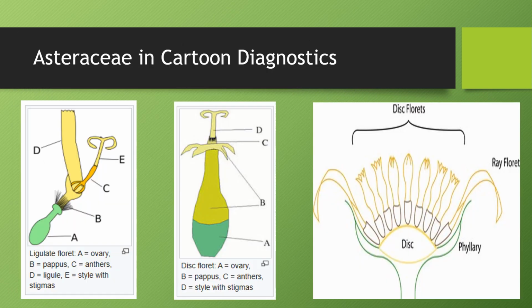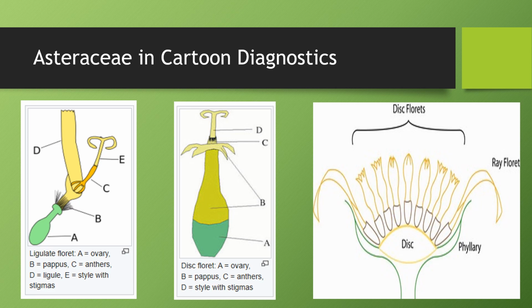So just to make that simplistic in cartoons showing these features, the first picture on the left is the ray flower, or in this case they call it a ligulate floret, showing all those parts.